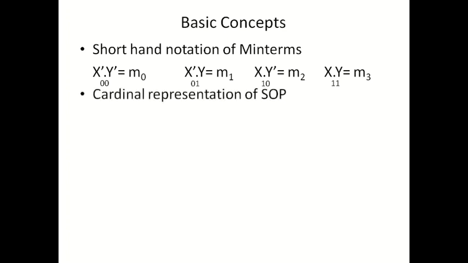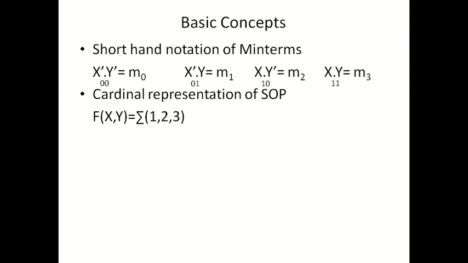Now there's another way of representing SOP, called the cardinal representation, where we use numbers. For example, if I have a function of x comma y equals, see here, there's a summation symbol. This symbol is used for SOP. Now, in the summation of 1, 2, and 3, what does it mean?